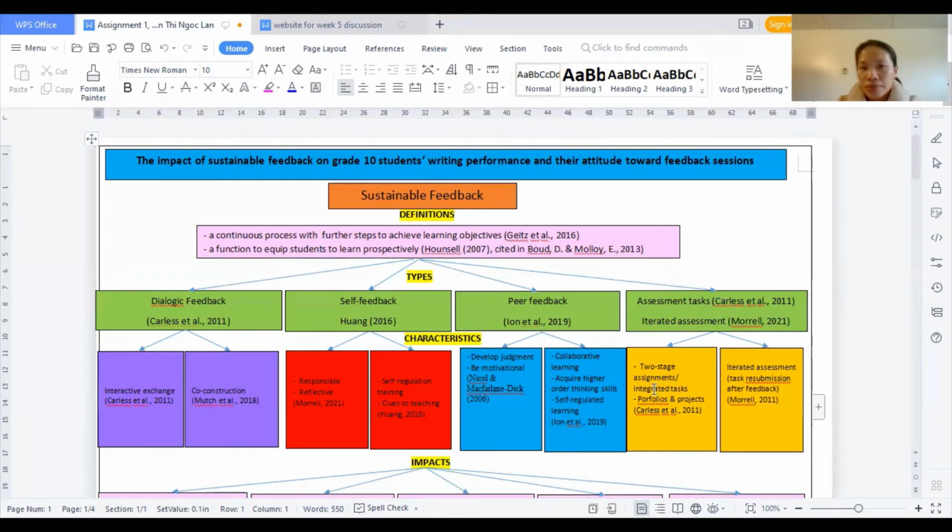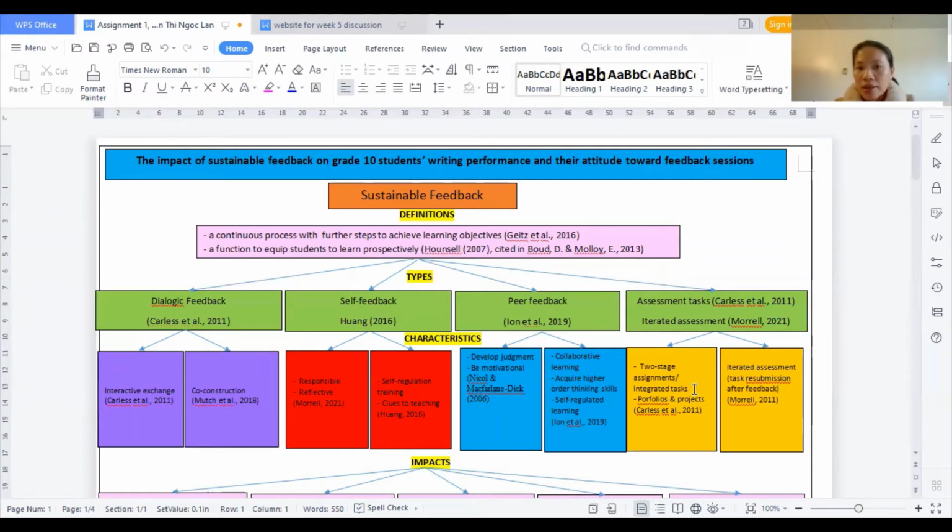And these tasks can be two-stage assessments or iterative tests. For example, students are required to give their oral presentation, and after receiving feedback, they can resubmit their written report after that.